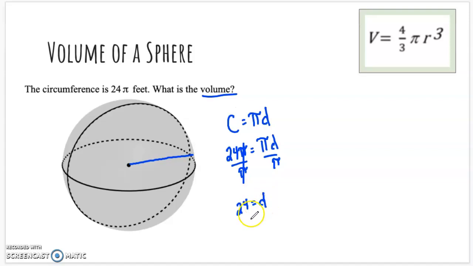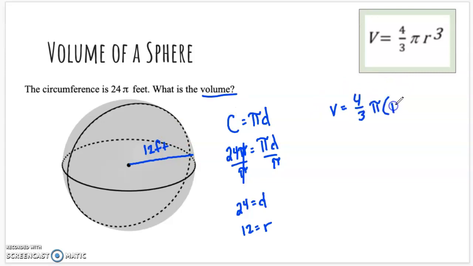But really I need my radius, and I know radius is half of my diameter, so my radius is going to be 12. Now that I know my radius, which is just 12 feet, I can hop over to my volume formula and plug and chug through it.